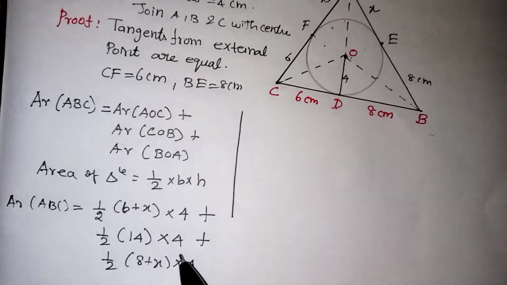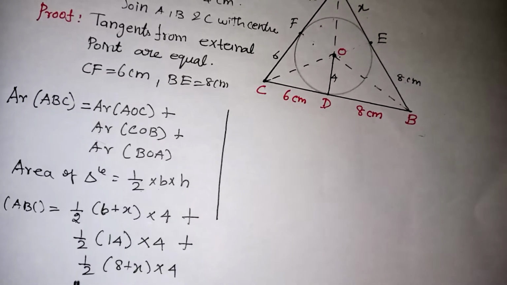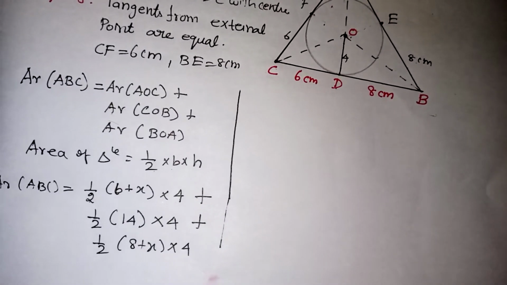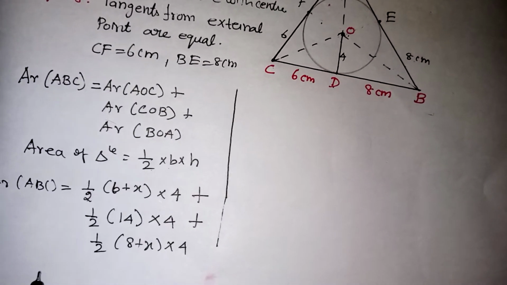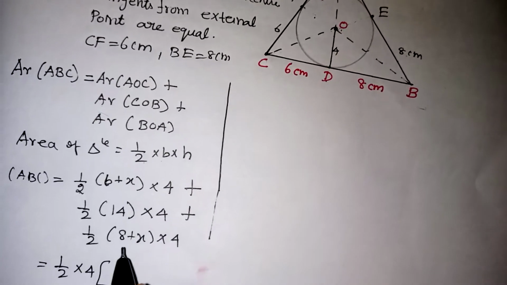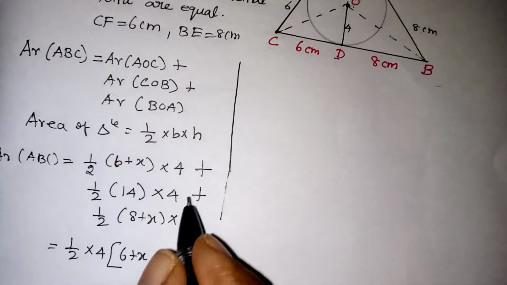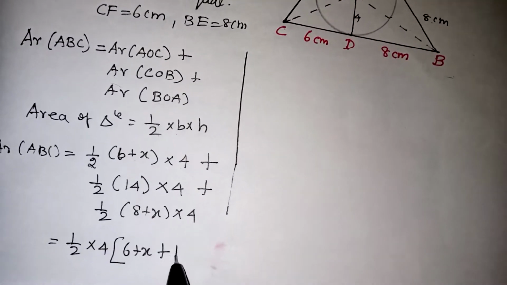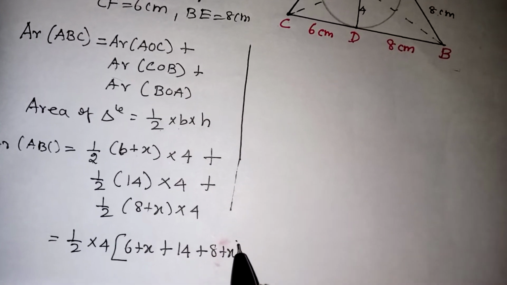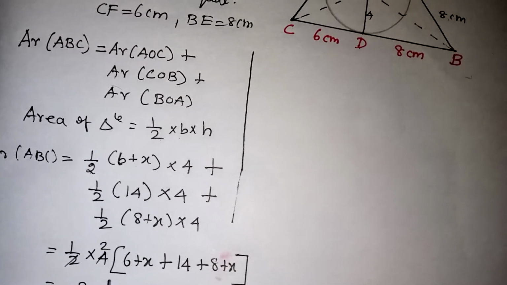So we have 3 terms. In all these 3 terms we have 1 by 2 and 4 is common, so let us take them outside. Half and half we are taking outside, and the multiplication by 4 also. The remaining terms are 6 plus x in the first term, plus 14 in the second term, plus 8 plus x in the third term.